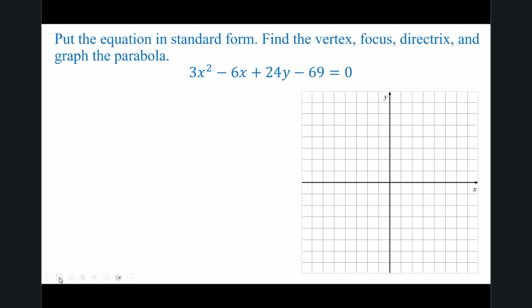Let's try this one. Put the equation in standard form, find the vertex, the focus, the directrix, and graph the parabola. So I have the x is the one that's squared, so I know it's going to open up or down. So I'm going to put all the x terms on the left side of the equation and everything else on the right side. And then to complete the square on the x's, I first need to factor out the 3.